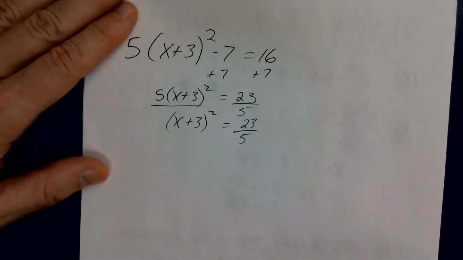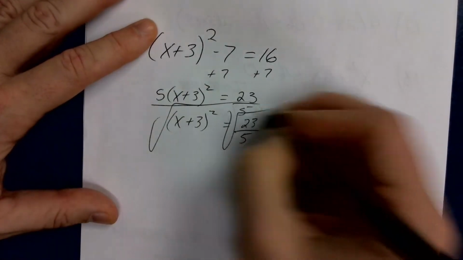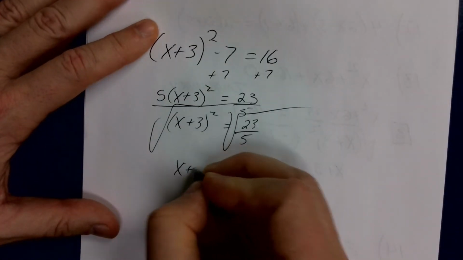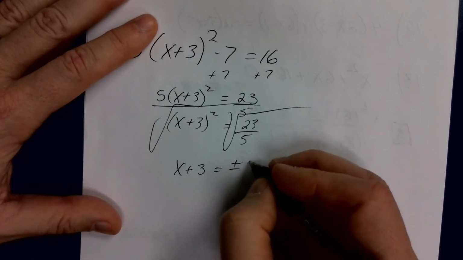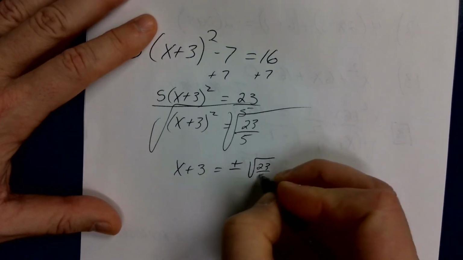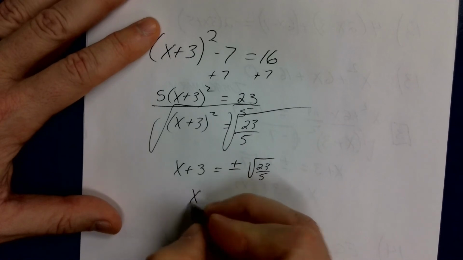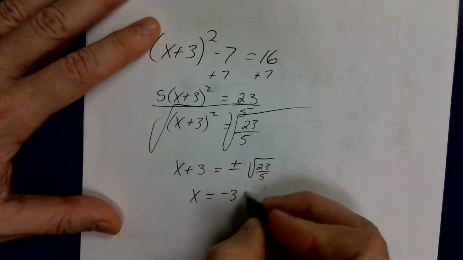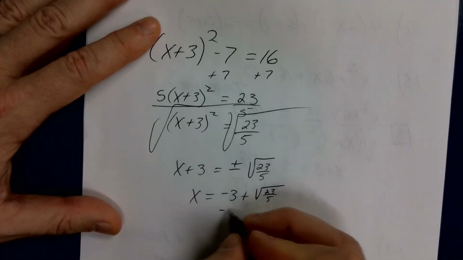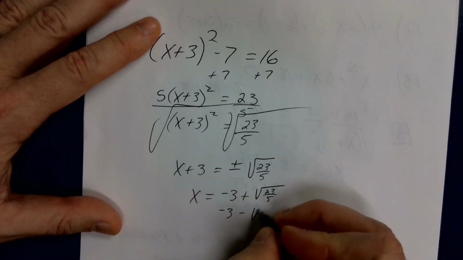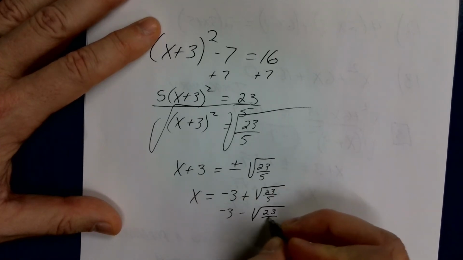It'll be good for you if you're doing some fraction-y stuff. So square root here, so I get x + 3 equals plus or minus the square root of 23/5. x equals -3 plus the square root of 23/5 and -3 minus the square root of 23/5.